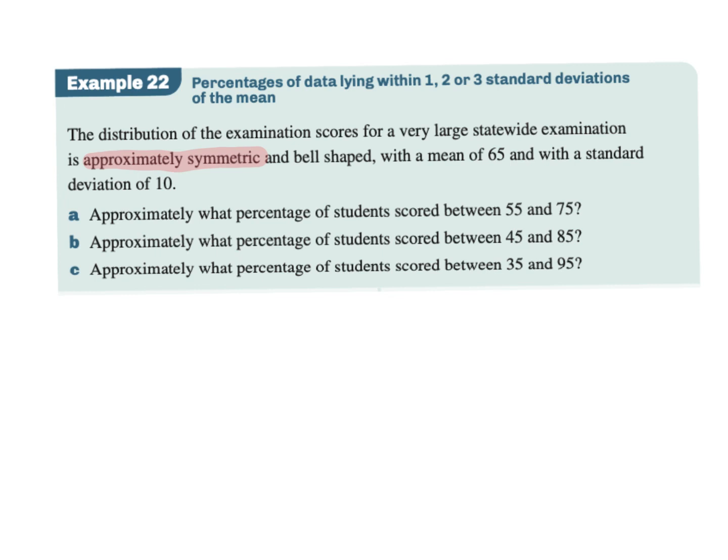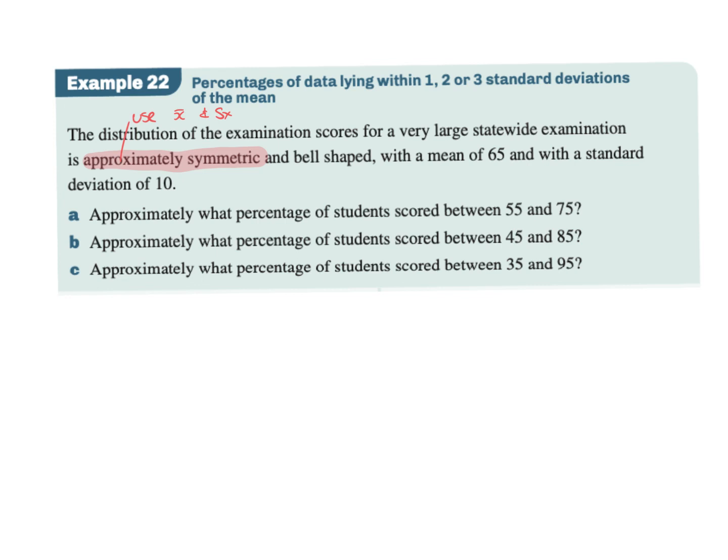As soon as you see that, that should be triggering that you are going to use the mean and standard deviation. So you pretty much know when they say that, you're probably going to be using this 68, 95, 99.7 rule. They've said it's symmetric and bell shaped, same thing, with a mean.